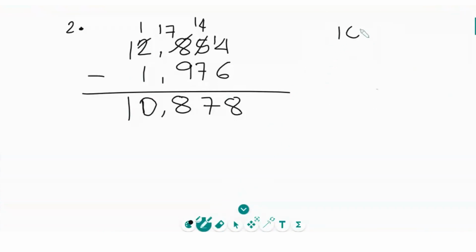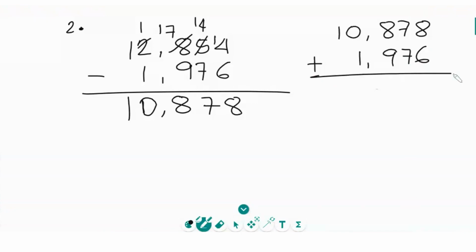We have here 10,878 plus 1,976. Okay, so 8 plus 6, that will become 14, carry over 1. 7 plus 7 is 14 plus 1, that will be 15, carry over 1. 9 plus 1 is 10. 10 plus 8, that will become 18, carry over 1.